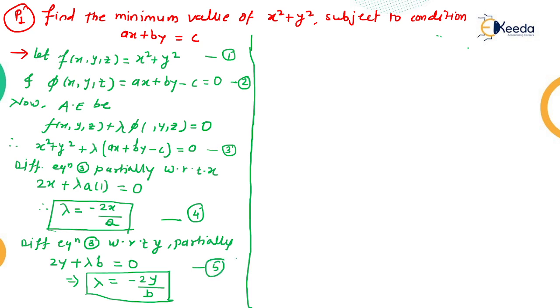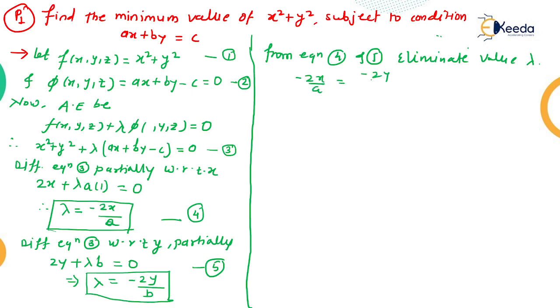From equations 4 and 5 we have to eliminate lambda. You see that the LHS is the same, so the RHS is also the same. Therefore minus 2x divided by a is equal to minus 2y divided by b.